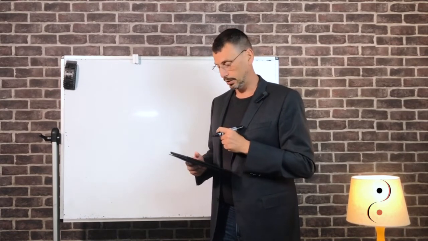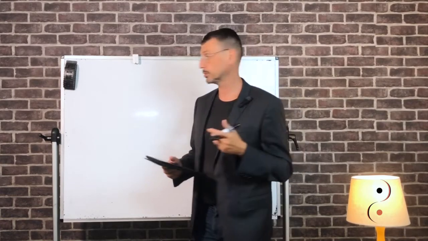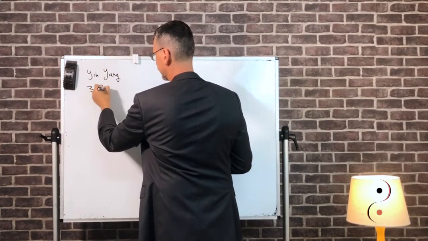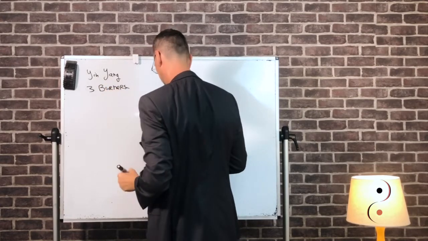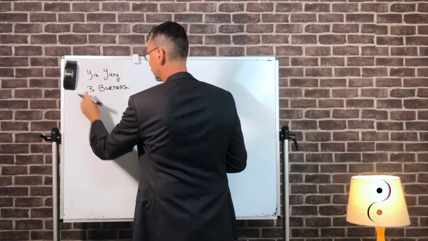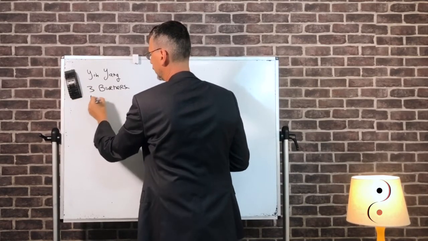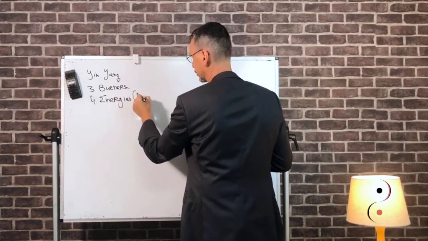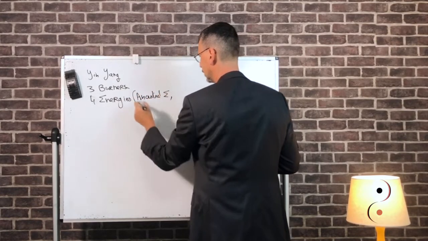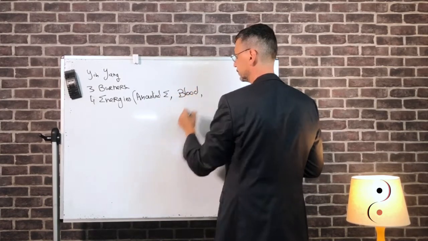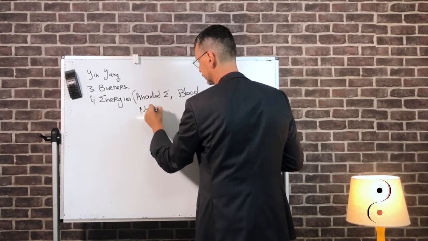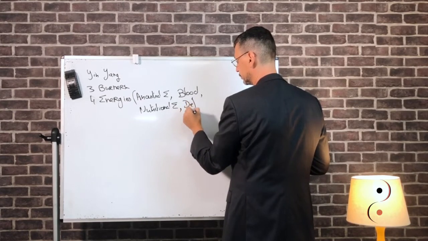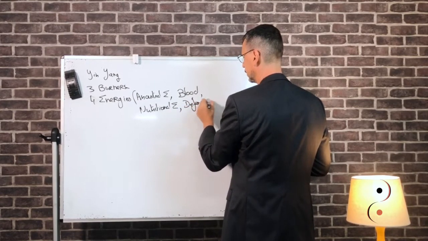Any acupuncturist, regardless of his or her training, has heard about the yin-yang, the three burners, the four energies, which means the ancestral energy, blood, nutritional energy, and defensive energy.